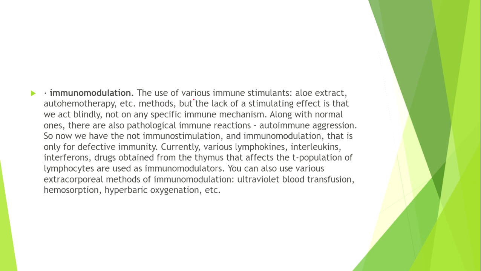Immunomodulation: the use of various immune stimulants, aloe extracts, autohemotherapy, etc. The drawback of stimulation is that we act blindly, not on any specific immune mechanism. Along with normal ones, there are also pathological immune reactions, autoimmune aggression. So now immunostimulation and immunomodulation are used only for defective immunity.